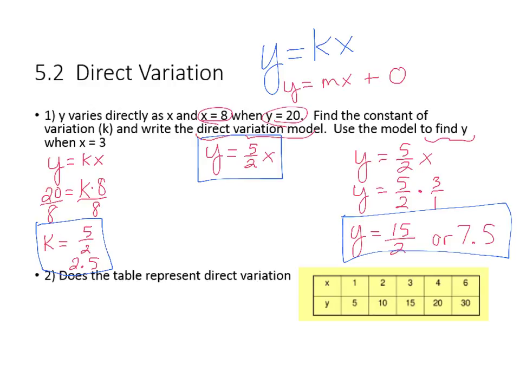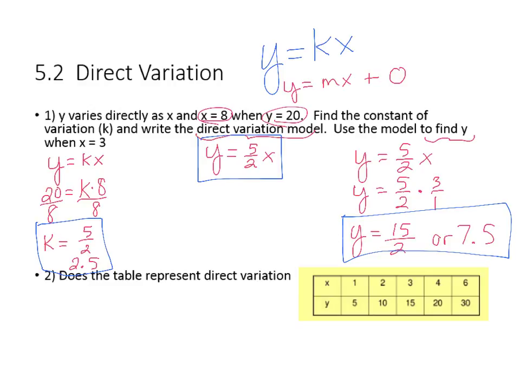Direct variation models will always be linear. This is a linear model with a y-intercept of 0 every single time. When they asked me, does it represent direct variation, I would want to make sure that there was a constant rate of change. That would be the k. And then I'd want to make sure that it went through the origin, 0, 0.